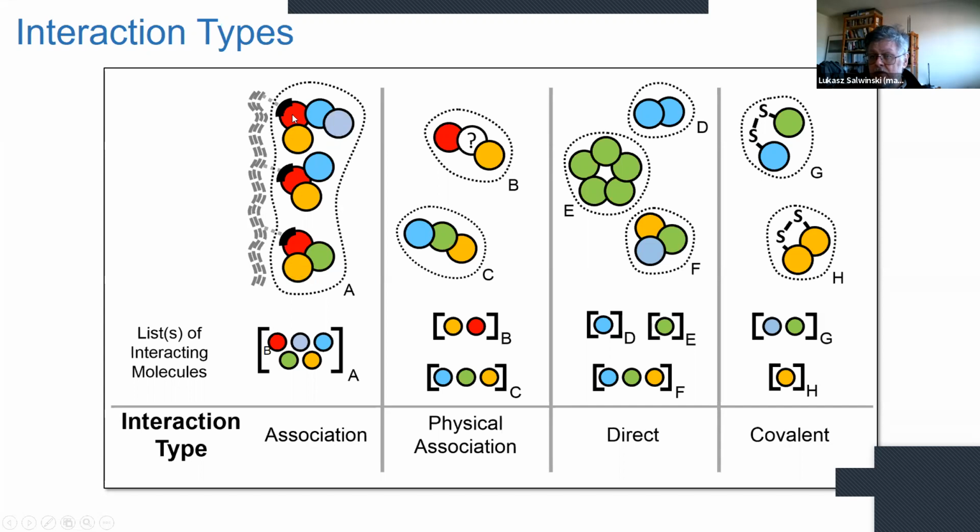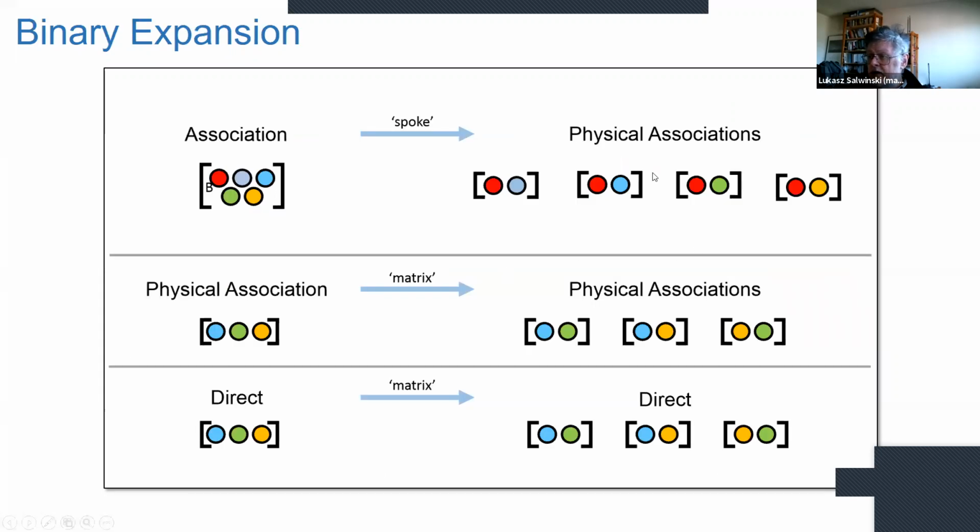Those two things have got to be physical. We can't claim the interaction is direct because of a case like here, where we might have some other prey bridging the interaction between the blue guy and the red guy. So we can't expand into direct, but we can expand into physical. So this is the case for the association.